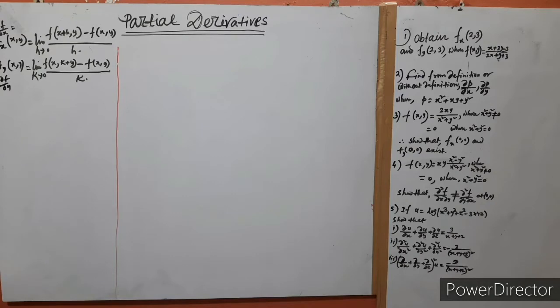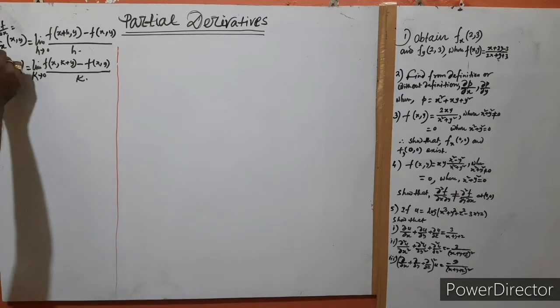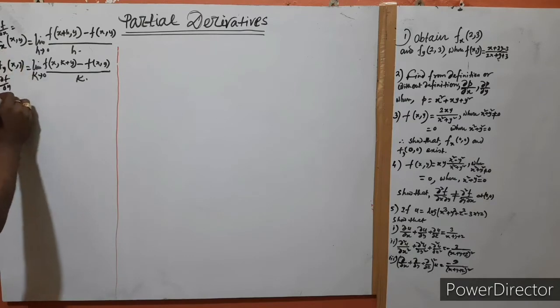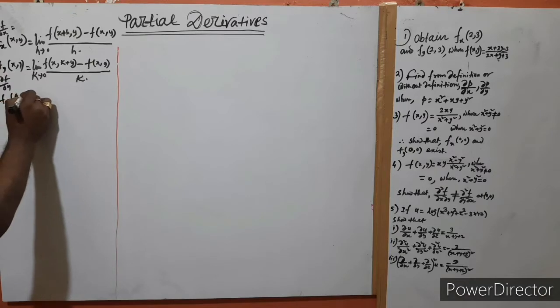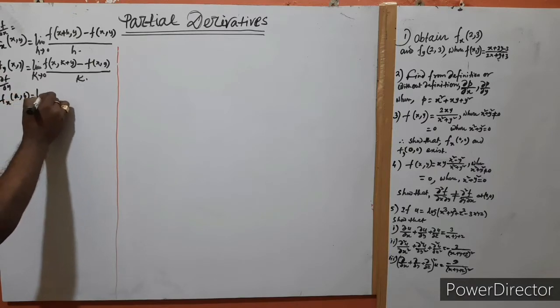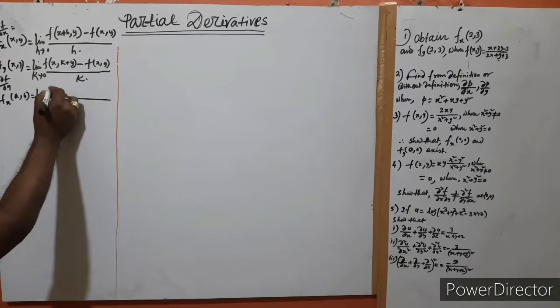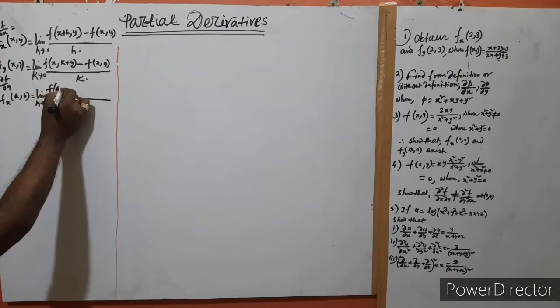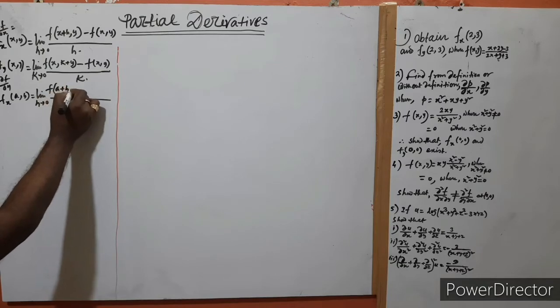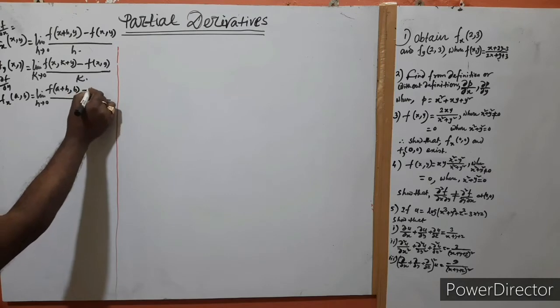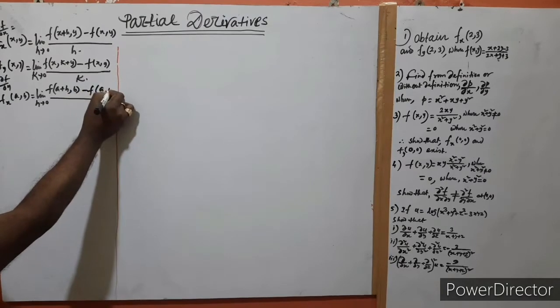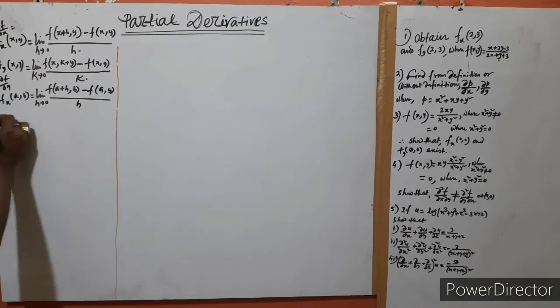So this is the formula, and if we write it for f suffix x at a comma b, that is equal to limit h tends to 0 of f of a plus h comma b minus f of a comma b, divided by h.